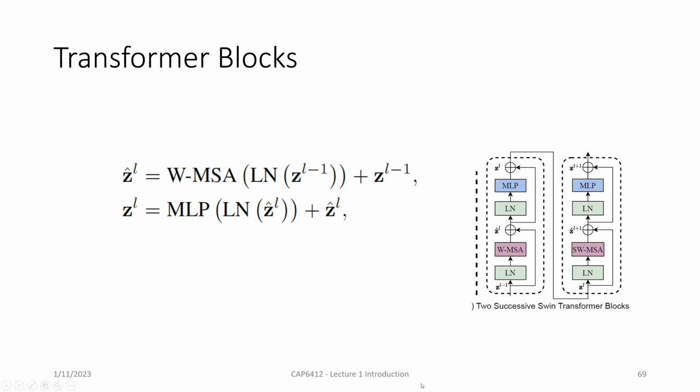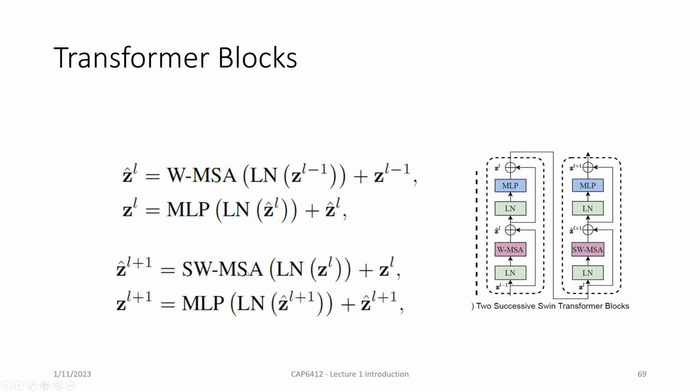Okay, so these are the 2 transformer blocks. So as I said, we take the previous embedding, Z l-1, linear embedding, window self-attention, skip connection. Then that goes to here, linear embedding, MLP, and we add to the skip connection. So that's this thing here. And this is now the shifted window.